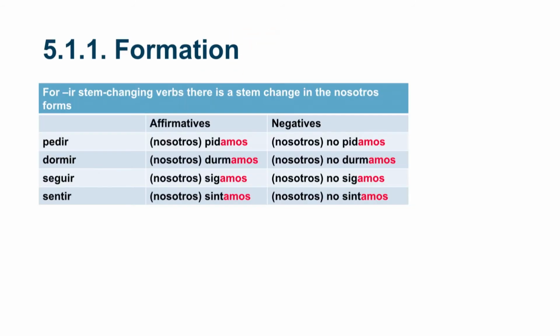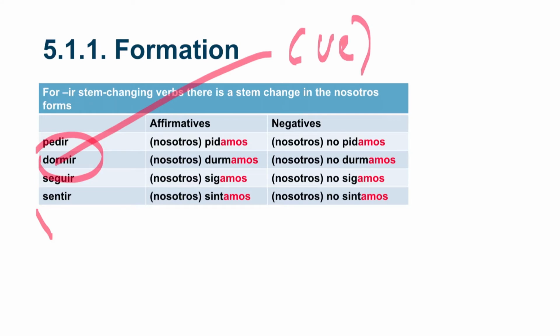For IR stem changing verbs, there is a stem change. Let's think about dormir. Dormir, it's a UE type of verb. Yo sé que es yo duermo, tú duermes, okay?